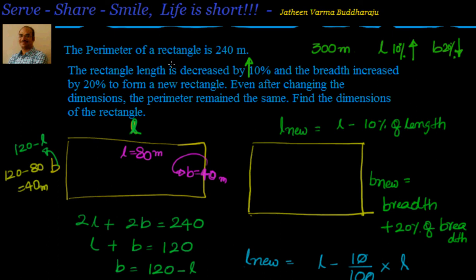I repeat, just reverse of this. Instead of 240 meters, the perimeter is 300 meters. The rectangle length is increased by 10% and the breadth decreased by 20%. So even then the perimeter remains the same. Find the value of length and breadth.